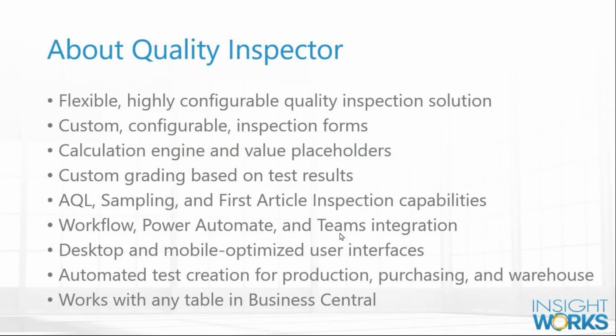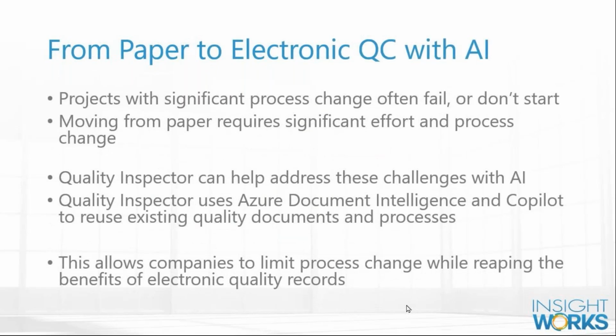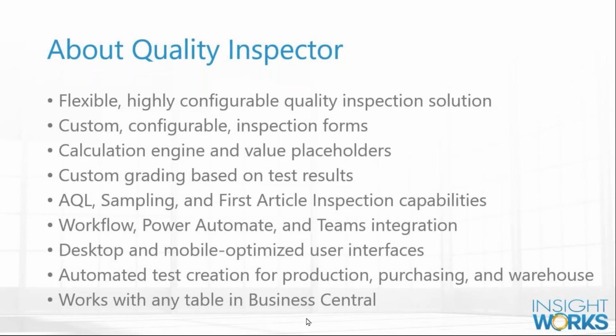All right. Now that all sounds pretty good at a high level, but we'll get into the details. But one of the things that I wanted to mention, actually, let's go back a sec. There's lots of stuff here. And when people want to go to electronic quality or electronic maintenance and things like that, it sounds great when you talk about it, but it can be kind of tough to move into an electronic system if you're on a paper-based system.